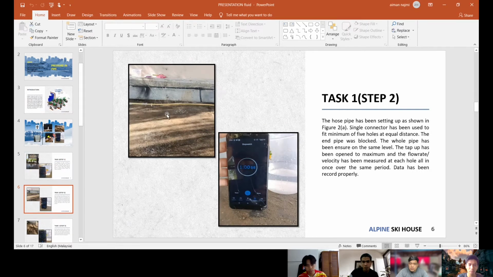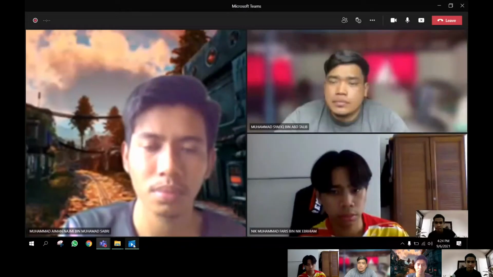For step 2, the hose pipe has been set up as shown. So I will share the experiment. Okay, can you see or not? Yes.